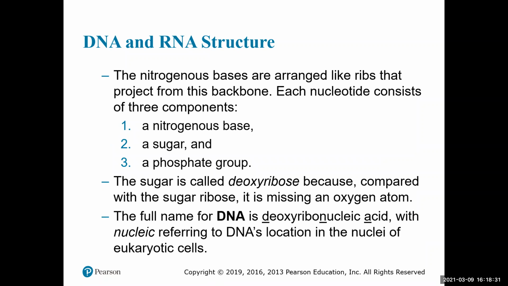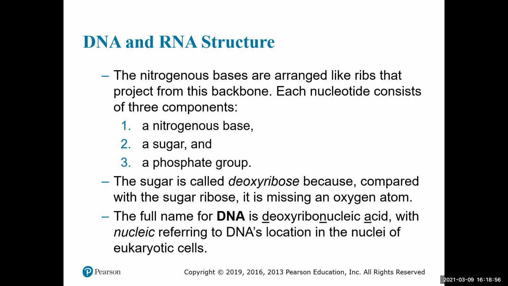And what's also important about these nitrogenous bases is that they're not only connected to one another via these bonds, but they're also arranged like ribs that project outwards from that sugar phosphate backbone. And each nucleotide, like we mentioned in an earlier module, consists of three basic components.